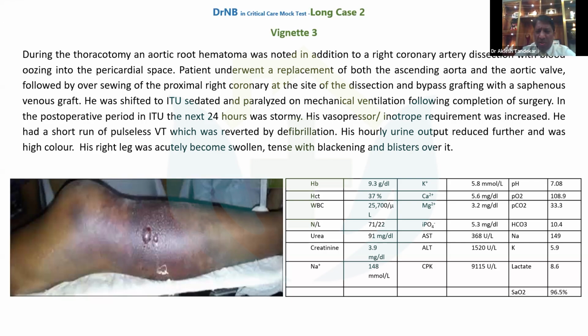His hourly urine output reduced further, and the urine was very high colored as well. His right leg was swollen, and there was blackening, and blisters were also seen. Okay. So, what do you want to do? What is your probable differential diagnosis here? And how will you treat this patient?